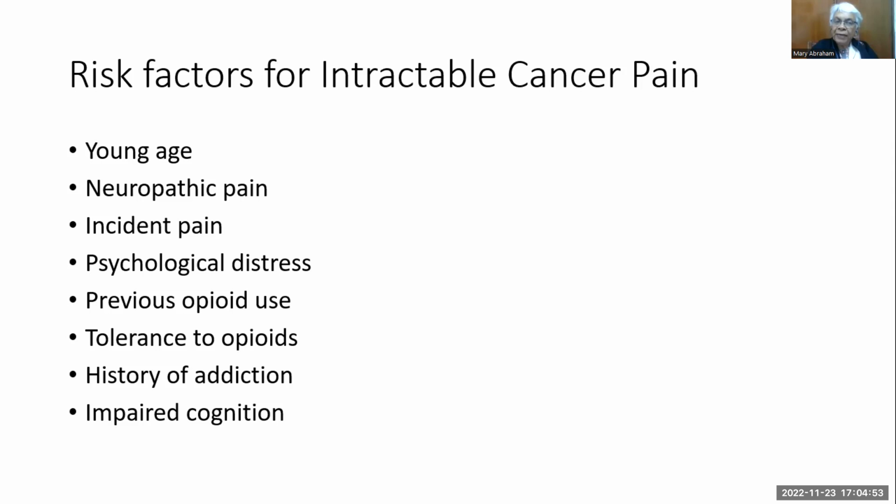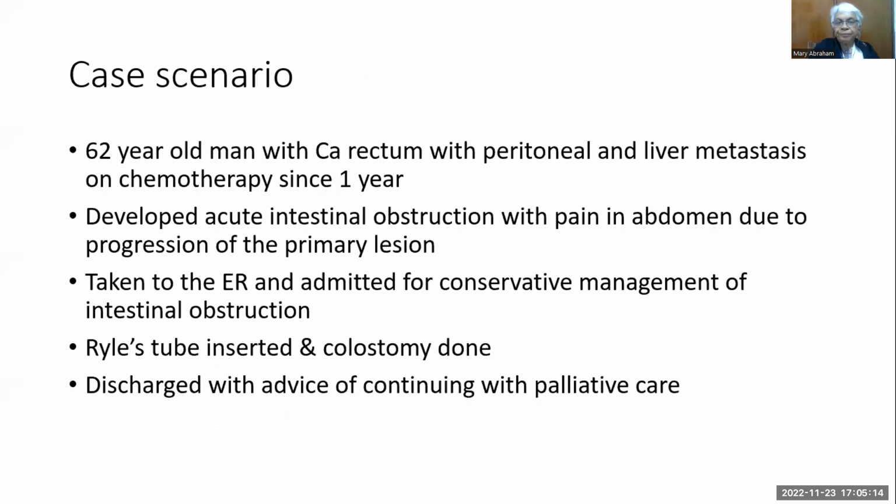Also, superadded psychological distress, a history of previous opioid use, where they may be tolerant to strong opioids, a history of addiction, or impaired cognition. These are the risk factors for patients to have intractable pain.